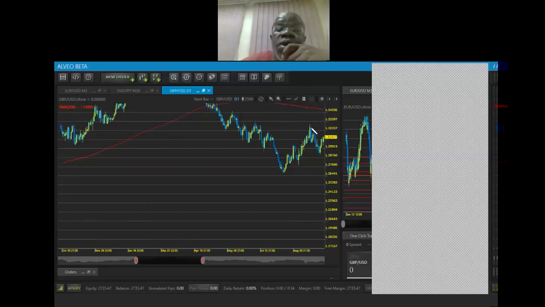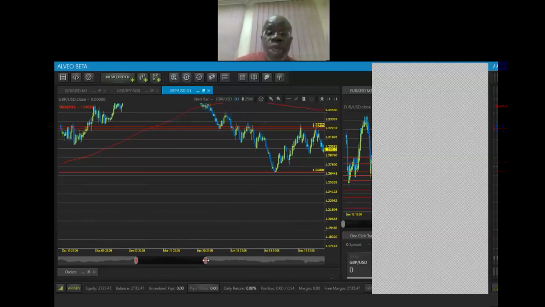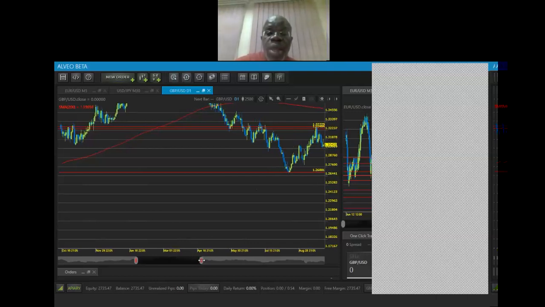So this is support. Okay, that's resistance over there, and this is support. So between here and here, I want to see what will happen. So if the market is going to respect what it has been doing right there.